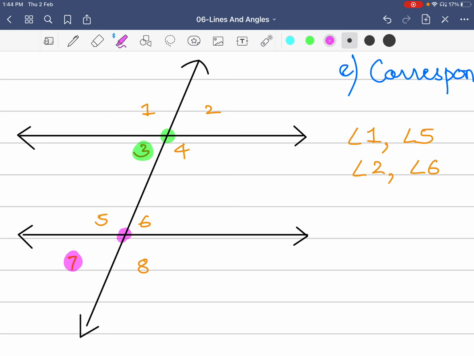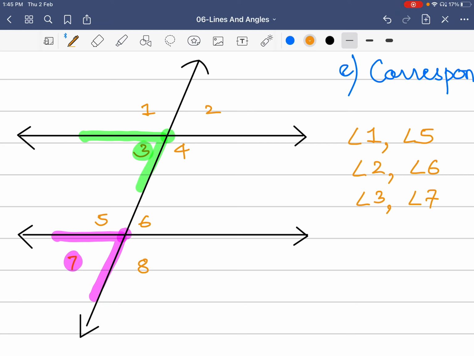So this is angle 3, and this is angle 7. What is the specialty about angle 3 and angle 7? They have the same relative positions at these intersections, so they become a pair of corresponding angles.